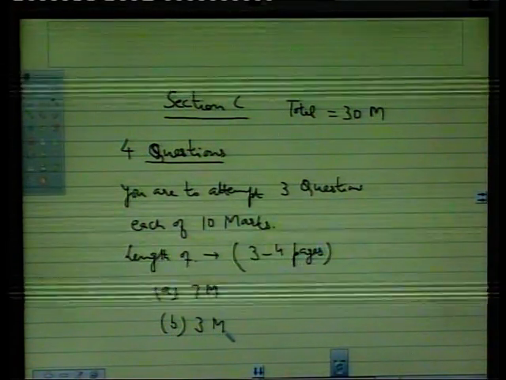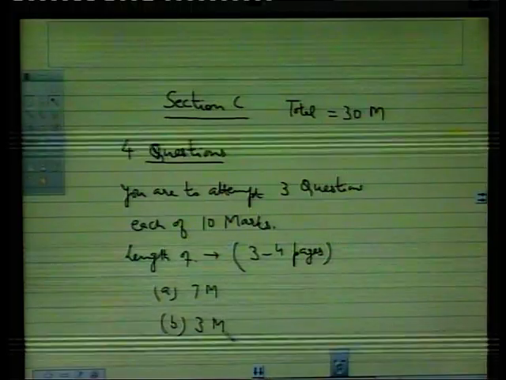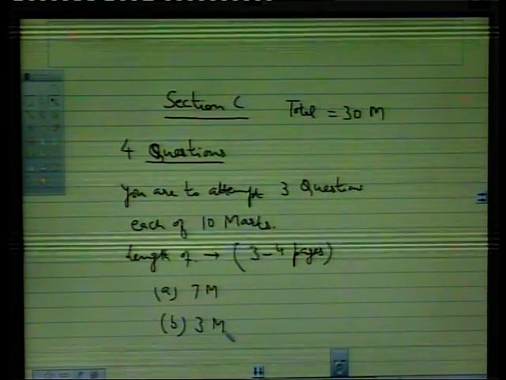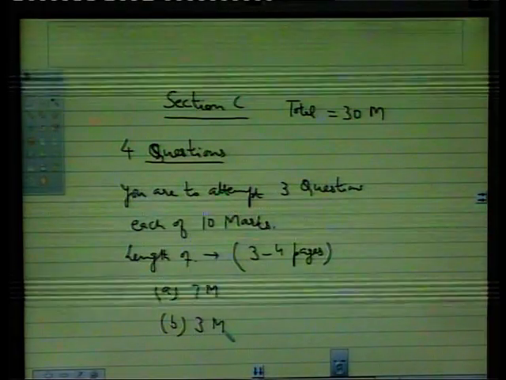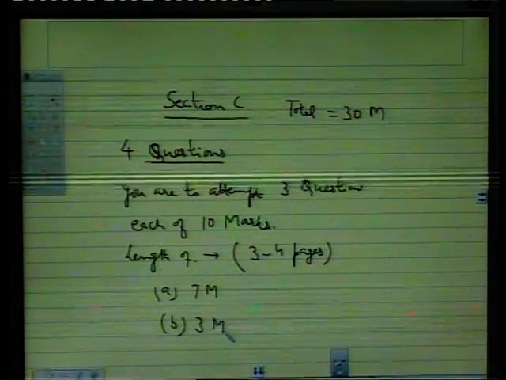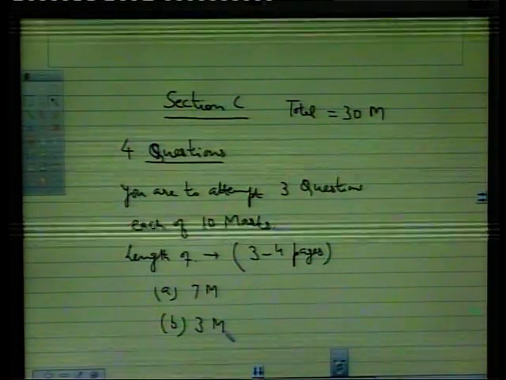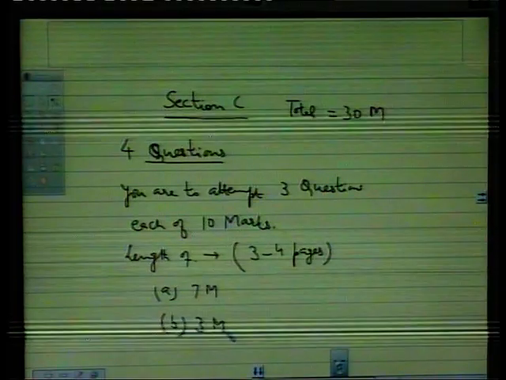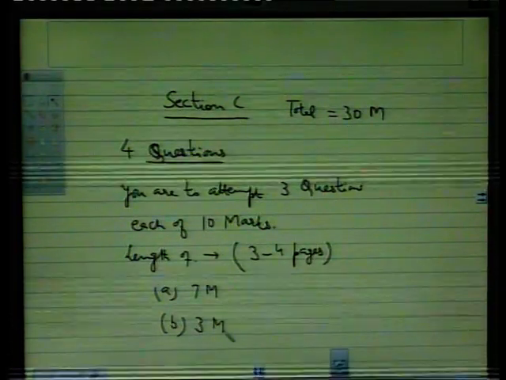You must have them from your library or at the end of your books, so that there is no difficulty in the examination. So, this is the structure of the paper, section A, section B and section C.